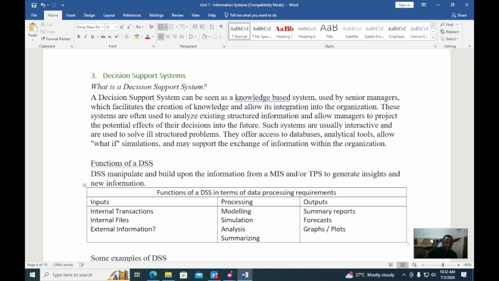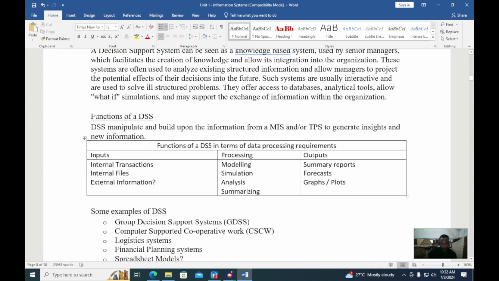So if we look at the function of the decision support systems, they are systems that manipulate and build on the information obtained from the management information systems and the transaction processing systems to generate insights and new information for that organization. They take inputs from internal transactions, internal files, and external information as well.